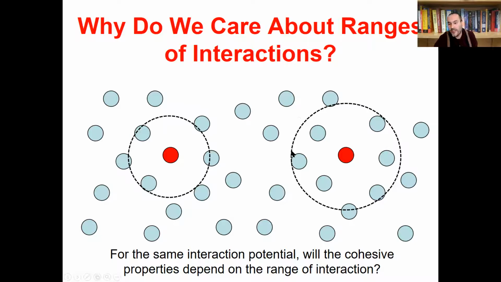But as soon as you increase the range, something we call the cutoff in molecular simulations, the number of particles increases. This also brings additional computational cost, but usually improves the accuracy.